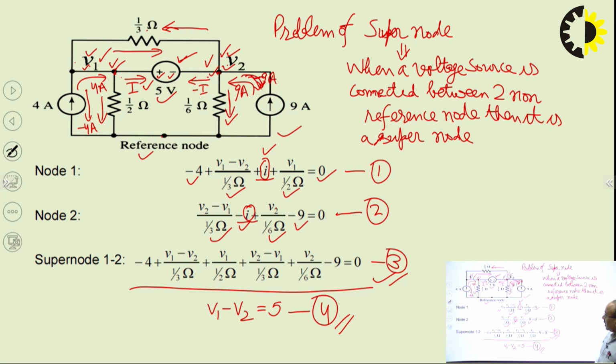So, by using nodal analysis, we can apply it to a simple circuit, or to a super node problem, and from this we will be able to find the unknown node potentials, and then the currents in different branches, and if we are to find the power in a branch, that can also be found. So, that is all about this discussion.